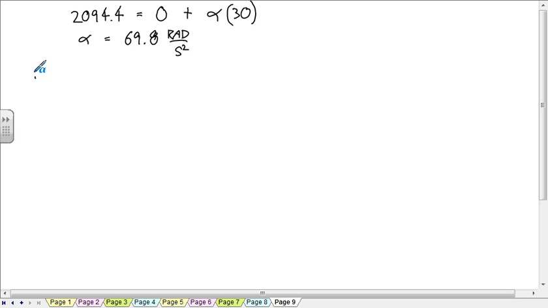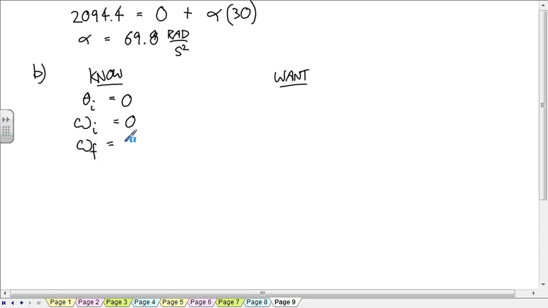And then for part B, we still know all the stuff we knew before, and now we also know alpha is 69.8.